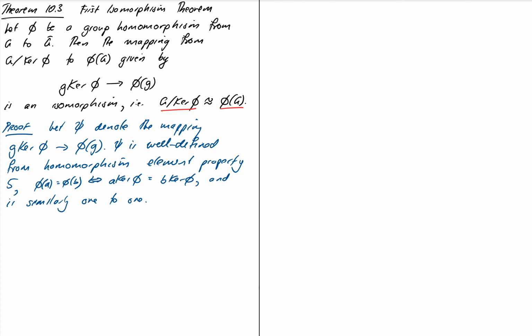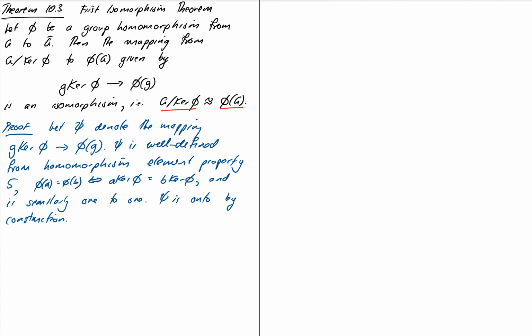If I assume that phi of a equals phi of b, that's the one-to-oneness, then I'll get the cosets the same, and that just makes sense. Also, psi is onto by construction: we can take any little element g from our group and get phi of g, so there's nothing else to do there. So the bijection part comes pretty straightforwardly.